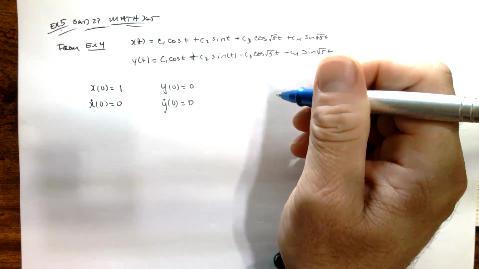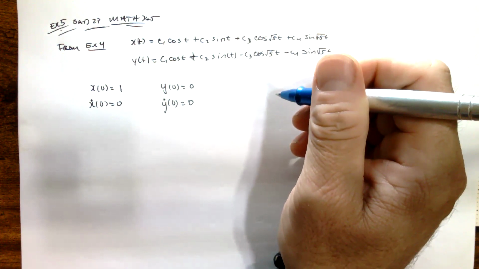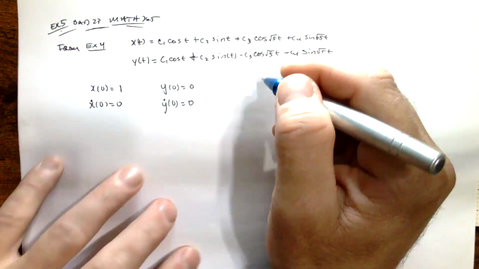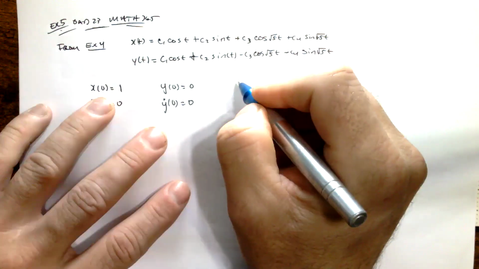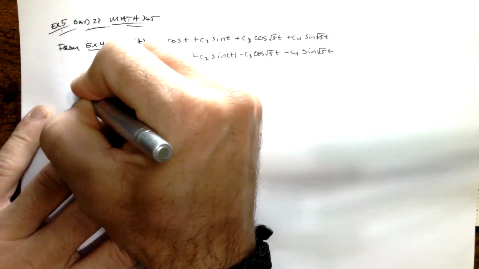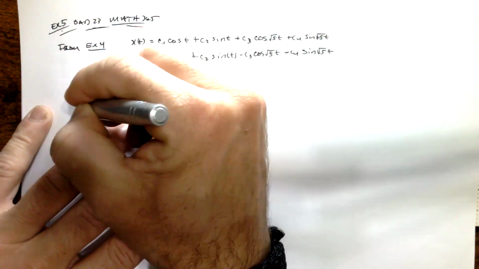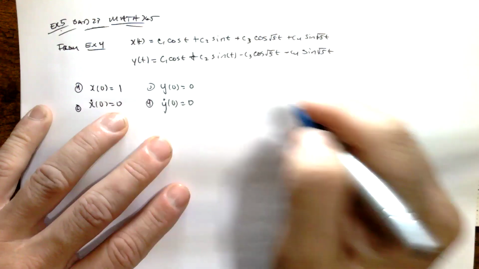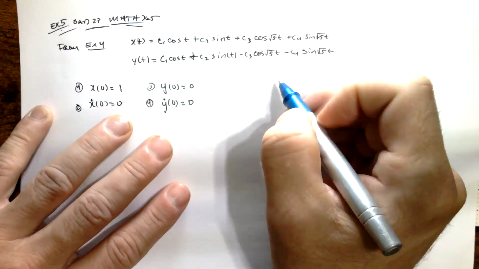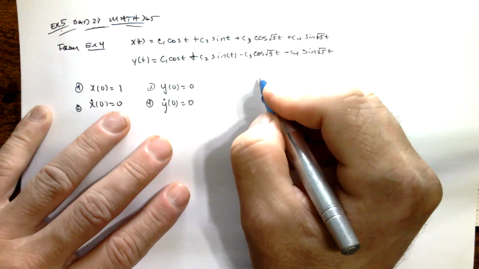Without any further ado, let's plug in. I'm going to put little numbers here, and these will indicate the rows of the matrix in the following system of equations.